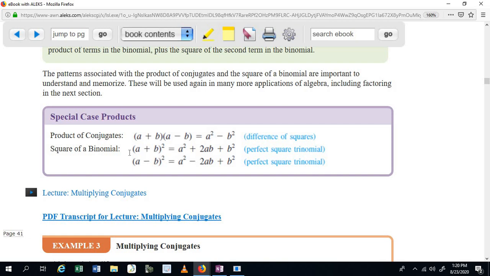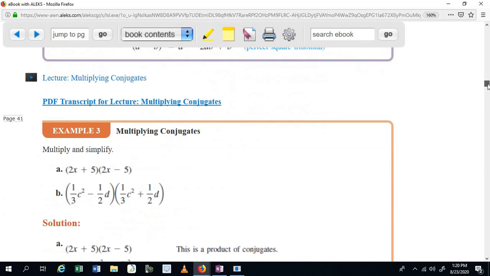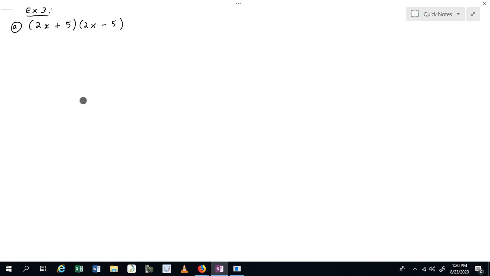Another way to write that, of course, is a plus b squared. And then the other square of a binomial would be a minus b times a minus b, which can be written as a minus b squared. Okay, so let's just try some of these. I'm going to go through some of these special cases.